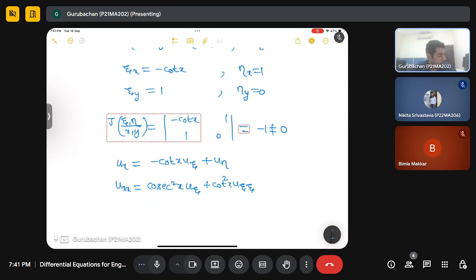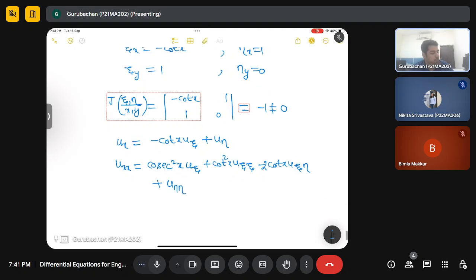Next will be minus cot x u xi eta, and eta x is 1. When you differentiate u eta xi and xi x, this will give minus cot x, so this will be minus 2 times of this, plus u eta eta, and eta x will be 1.